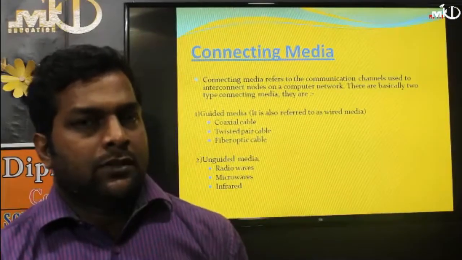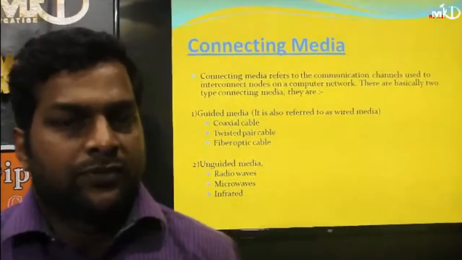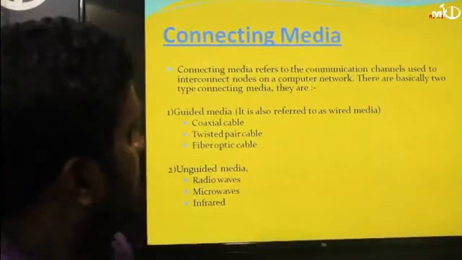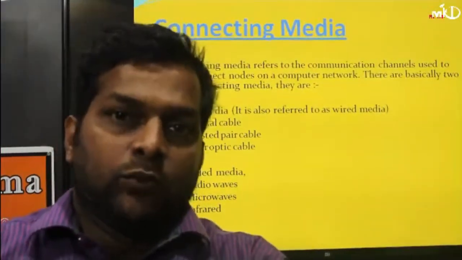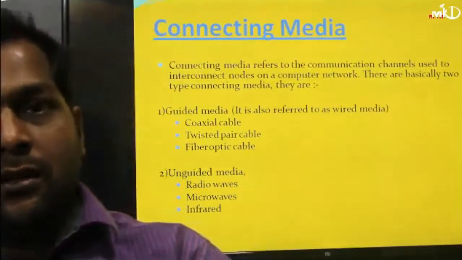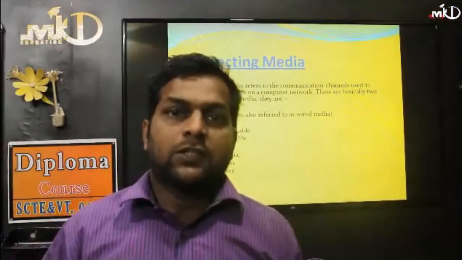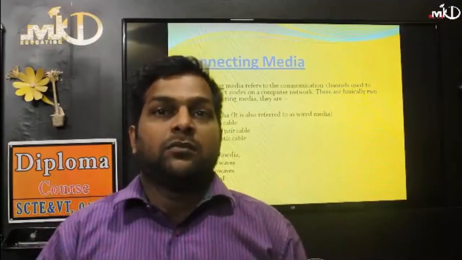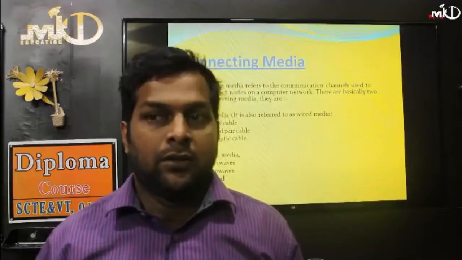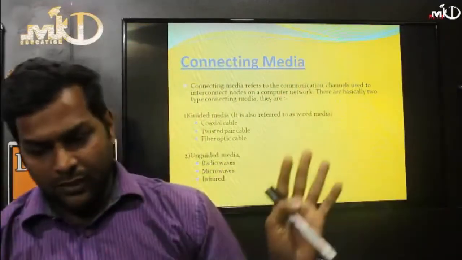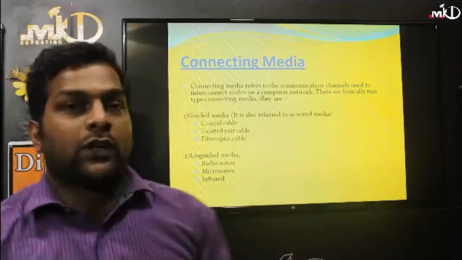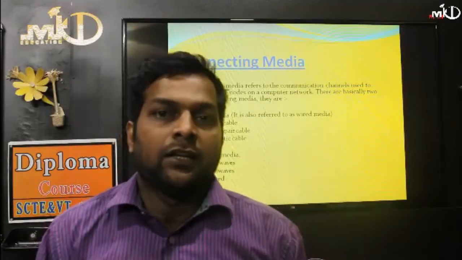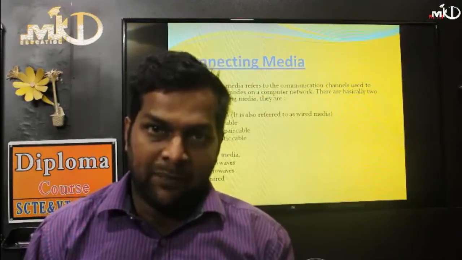Now I will tell the important part of the network, which is the connecting media, because it is the medium through which data will travel. So the medium is also equally important. Based on the concept, it is categorized into two types: guided and unguided media.